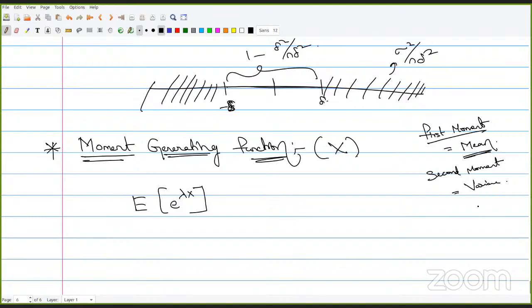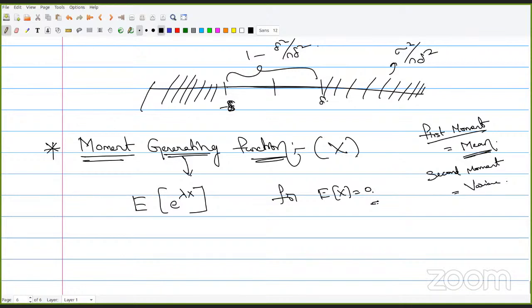Even here, that is what we should do. First and foremost, this particular moment generating function will be the expected value of e to the power lambda x only for expected value of x equal to 0. In the lecture also, I guess the professor has discussed this.